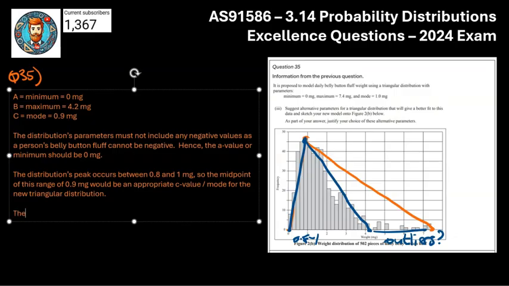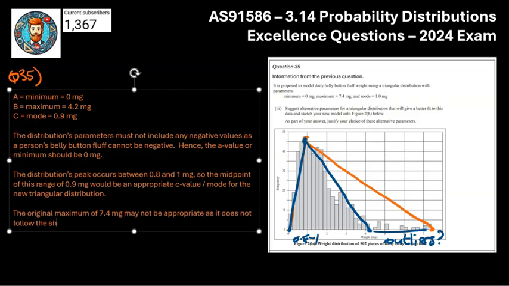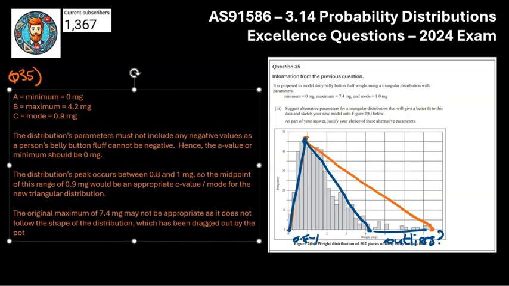So the original maximum of 7.4 milligrams may not be appropriate, as it does not follow the shape of the distribution, which has been dragged out by the potential outliers.